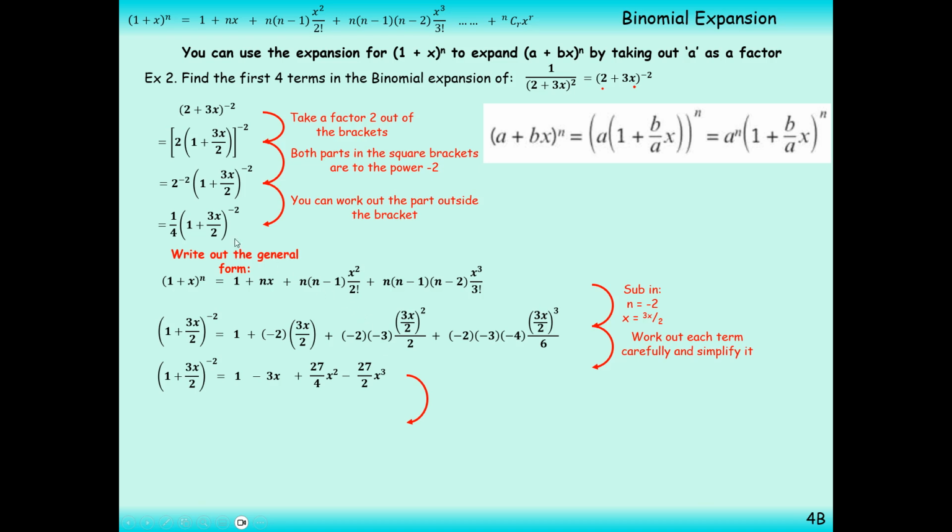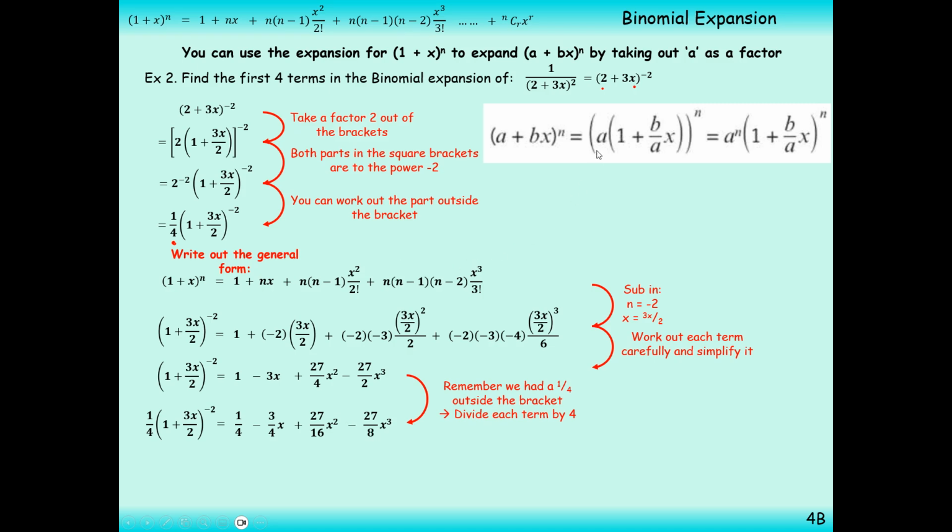Now is the time to multiply everything by a quarter, because after all, our bracket initially had a quarter in front of it. So we'll get this expression here.